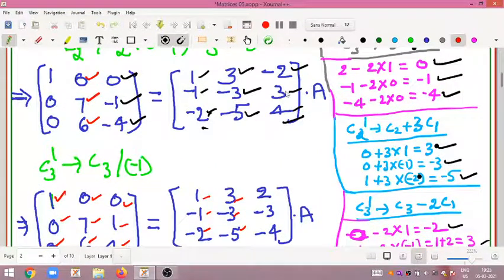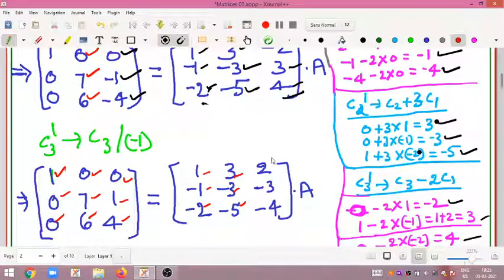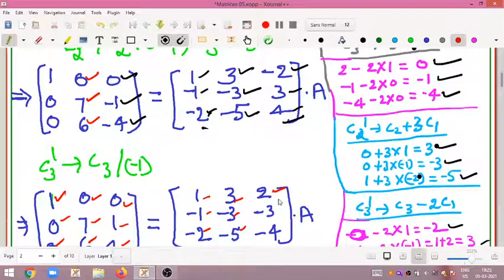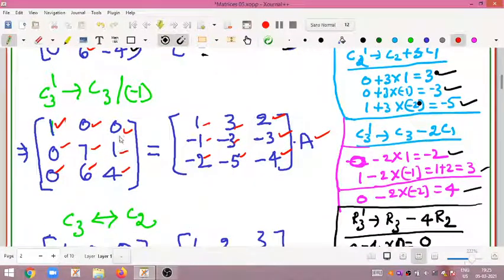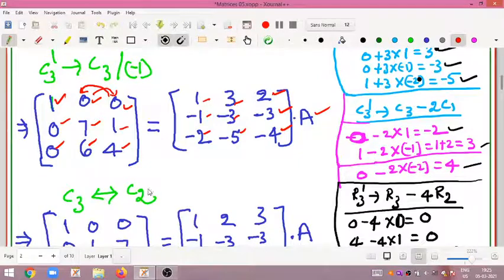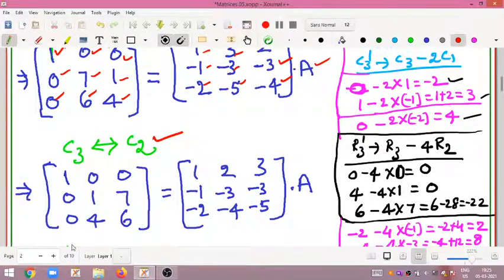For this we want to apply with minus, so that's why minus 2 becomes plus 2, plus 3 becomes minus 3, plus 4 becomes minus 4, into A. So now this one element take into this here, and this one take into this here. So that's why C3 implies and is replaced by C2. So C1 write as it is, 1 0 0, and this C2 becomes C1 and C3 becomes C2, that is 0 1 4 right here, again 0 7 6.